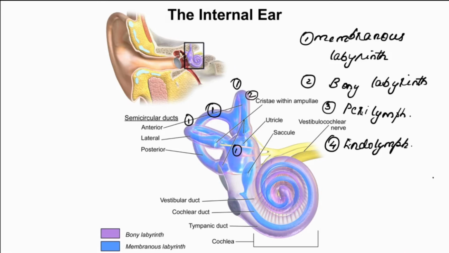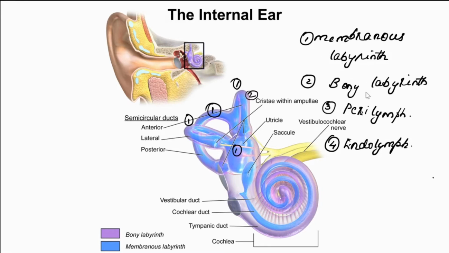So we need to understand all these structures. What is the membranous labyrinth? It is the interconnected membranous canals. These rings we can call interconnected membranous canals. These interconnected membranous canals seen in the internal ear are called the membranous labyrinth.